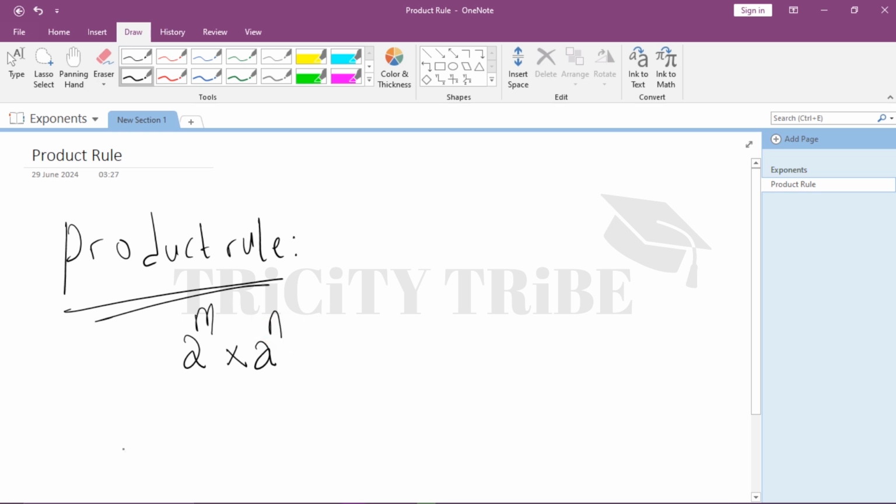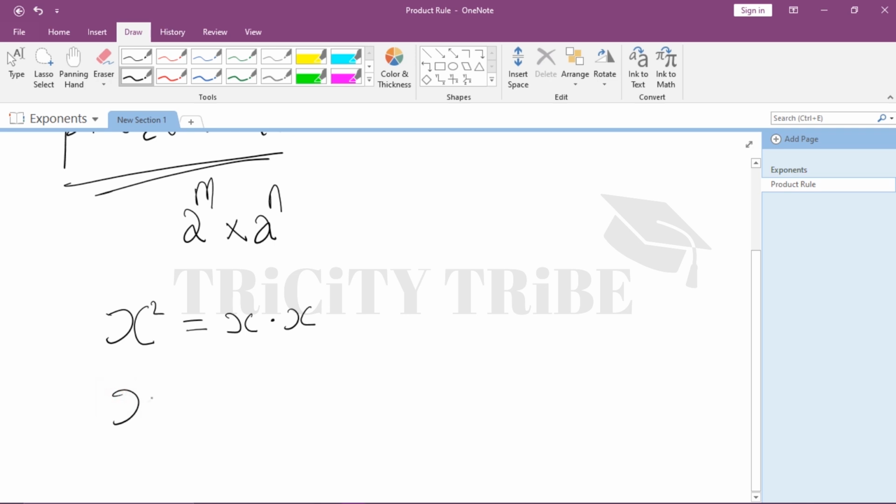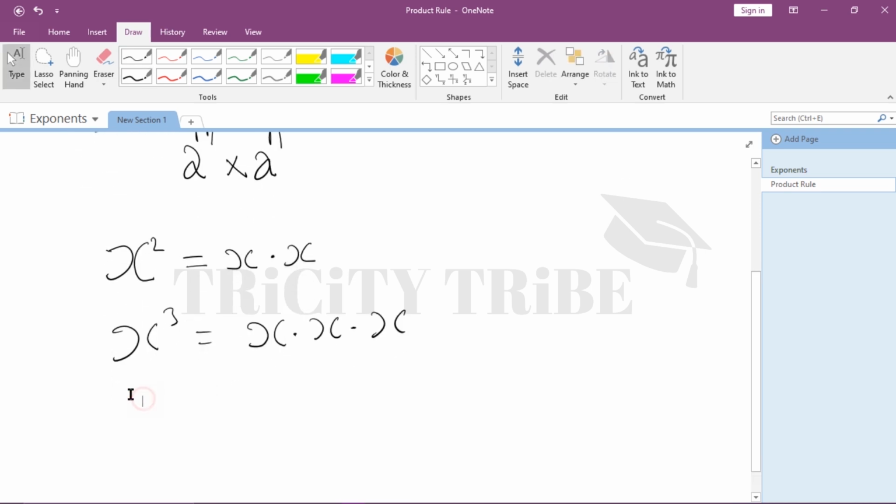When you say x raised to the power 2, it means x times x. If you say x raised to the power 3, you're saying x times x times x. If you're saying x raised to the power 7, you're saying x times x times x times x times x times x. How many? 1, 2, 3, 4, 5, 6. We'll have one more.